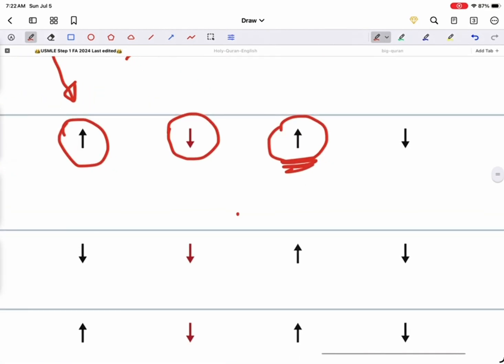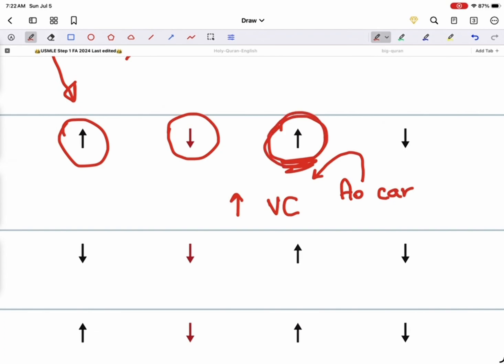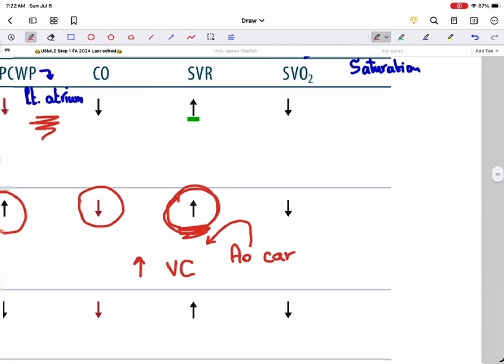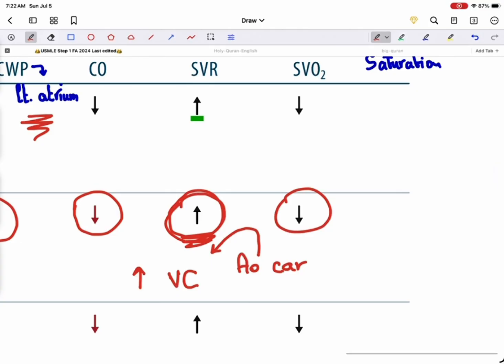Because there would be vasoconstriction everywhere. The aortic and carotid bodies, baroreceptors, would be triggered, increasing the blood vessel vasoconstriction, increasing the systemic vascular resistance. While the mixed venous oxygen saturation would be low.